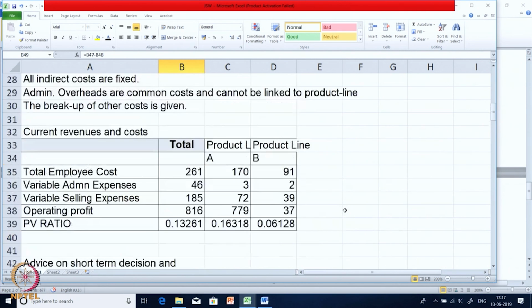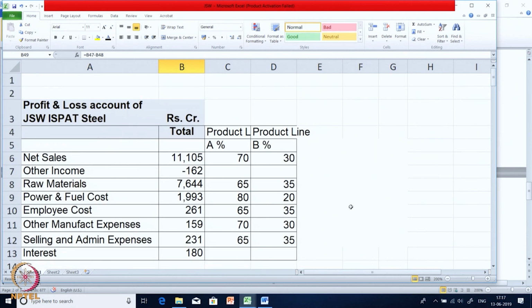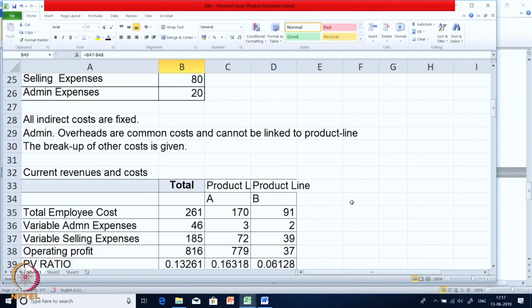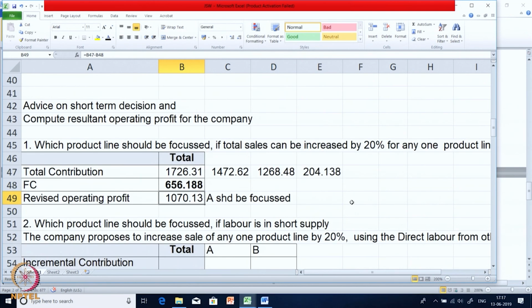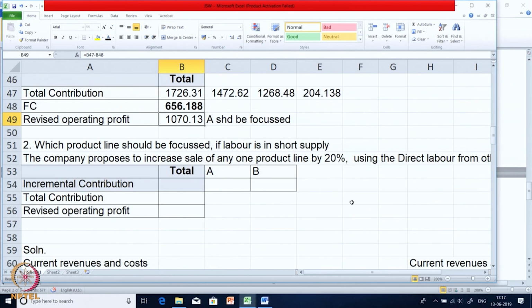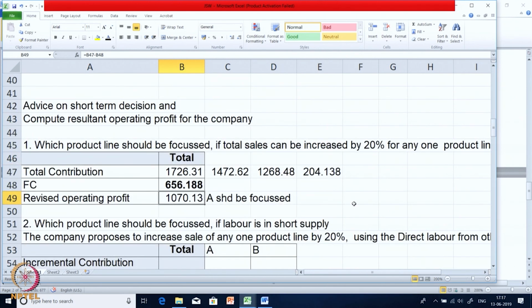So out of the two products A and B, which product will you prefer first of all? Which product has a higher rank if labor is in short supply? I hope you remember this is called decision making with a limiting factor or a key factor. So what will be your decision making factor?